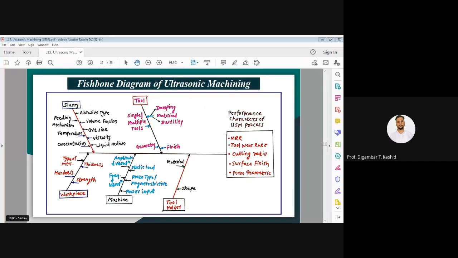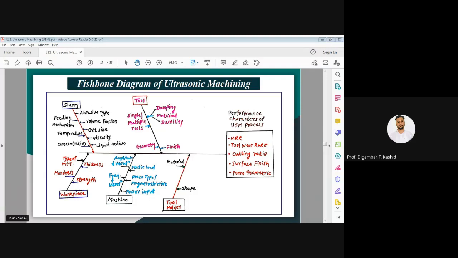Those characters I have shown here in red color: the performance characters of USM. First is the material removal rate, MRR, then tool wear rate, cutting ratio, surface finish, and form geometry.